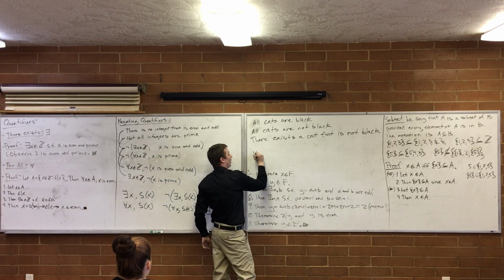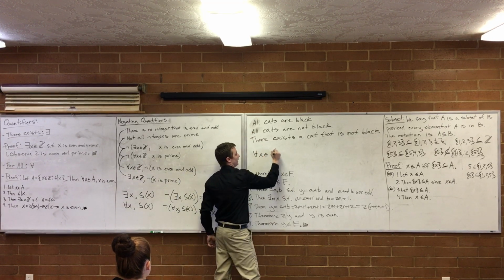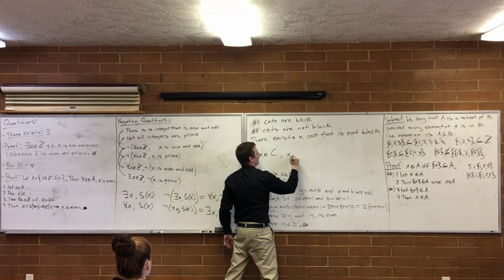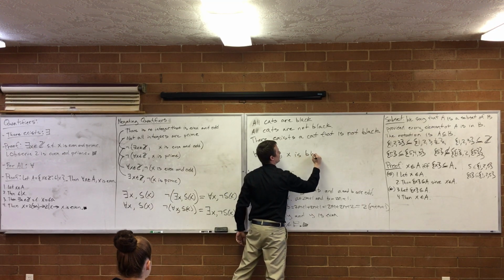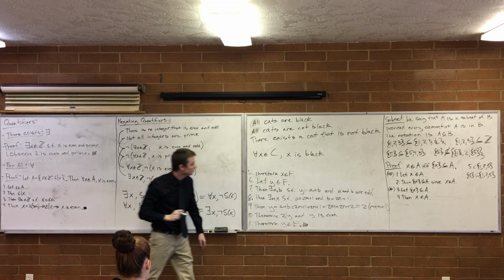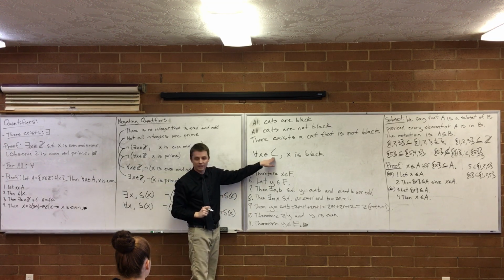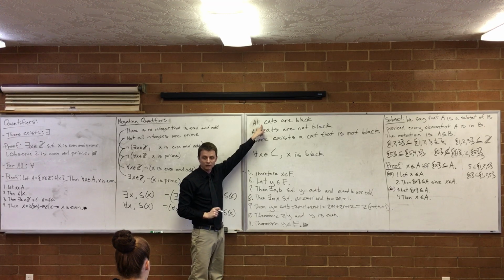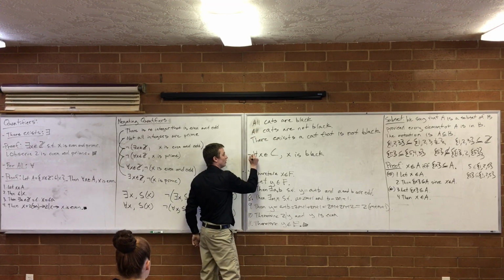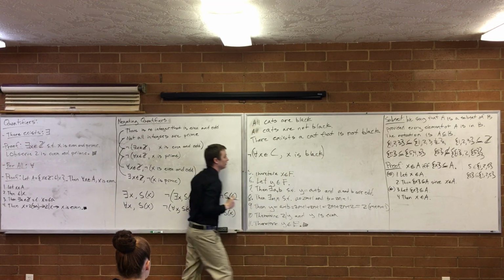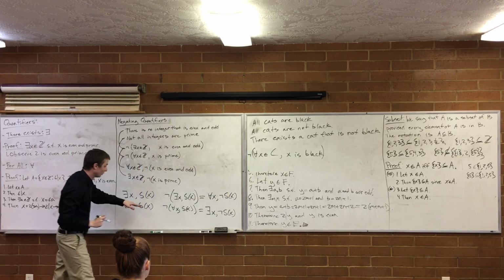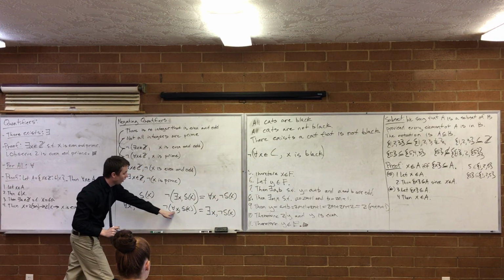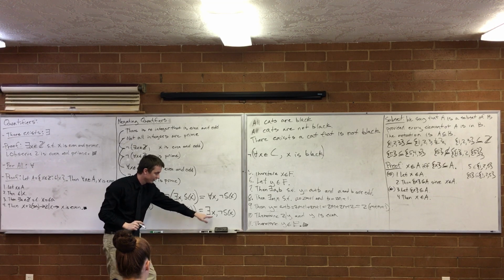Let's look over this in terms of our quantifiers. For all x in the set of cats, x is black. That is this statement right here. Now let's look at its contradiction, which means not it. Using our rule here, not for all x, statement about x, means there exists x such that not the statement.